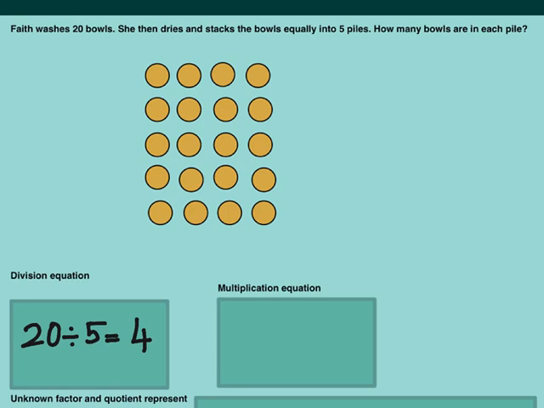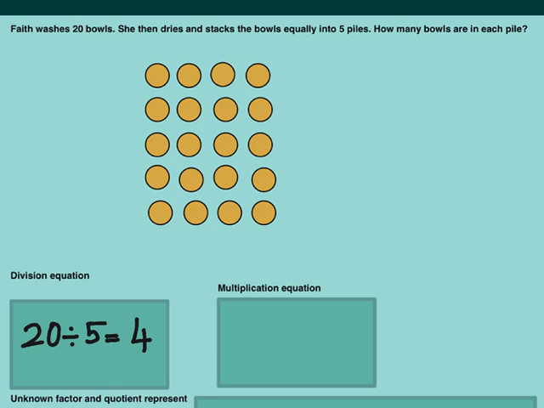Where 20 is the total or the dividend, 5 is the divisor, and 4 is the quotient. And we know that the quotient is the answer you get when you divide one number by another number. 4 represents the size of one group, or size of each group.